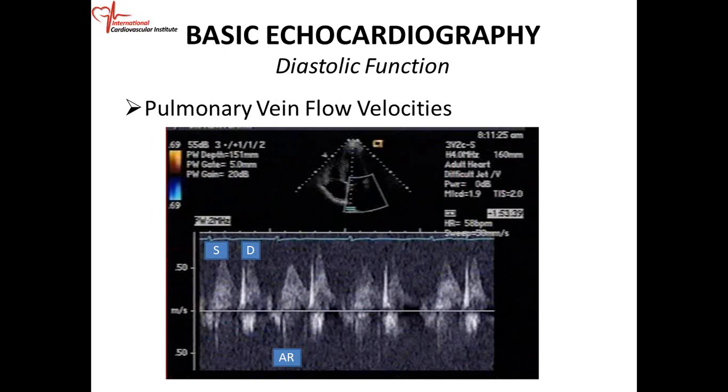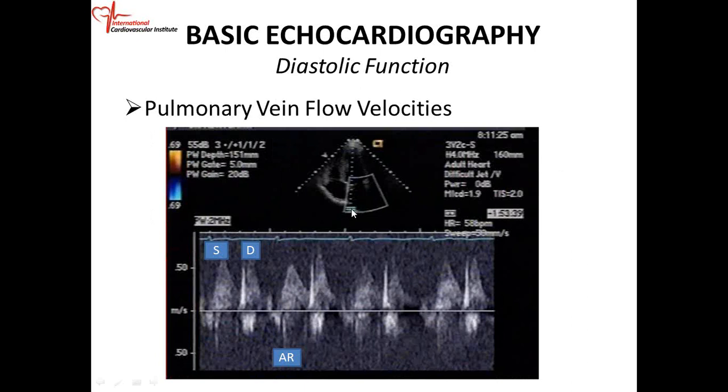If you have your two-dimensional echo on top, your left atrium is right here, left ventricle is right there. We can actually see two pulmonary veins in this view, the apical four-chamber view. You have a right and a left, and these are superior pulmonary veins.